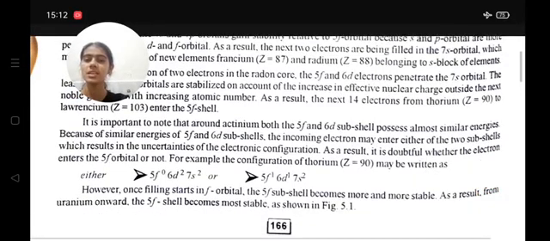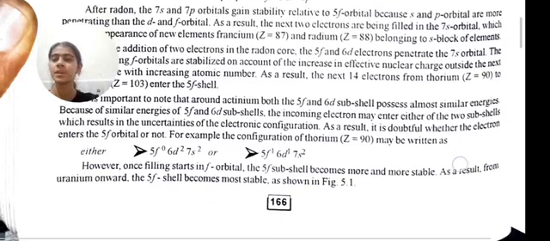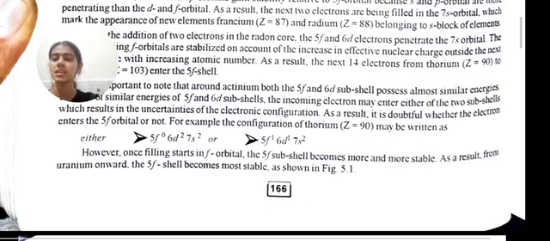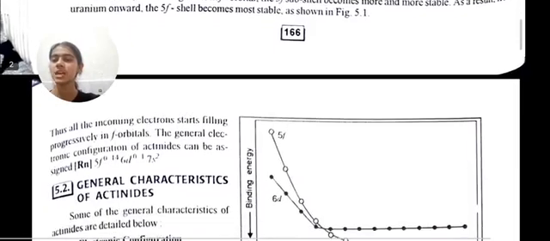As a result, it is doubtful whether the electron enters the 5f orbital or not. However, once filling starts in the f orbital, the 5f subshell becomes more and more stable. As a result, from uranium onward, the 5f subshell becomes most stable.